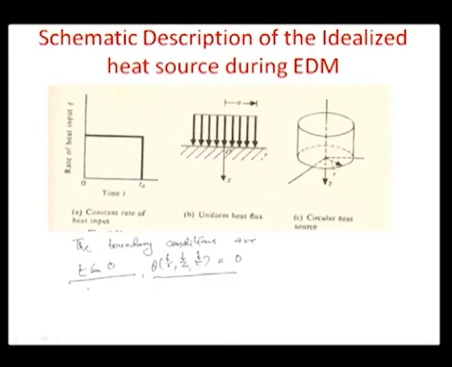We then assume that at time t greater than 0, as the process has started, for any r greater than a, a being the total radius of the spark, as you can see here, this is the zone which is heat affected. You assume this other region to be fully insulated, okay.